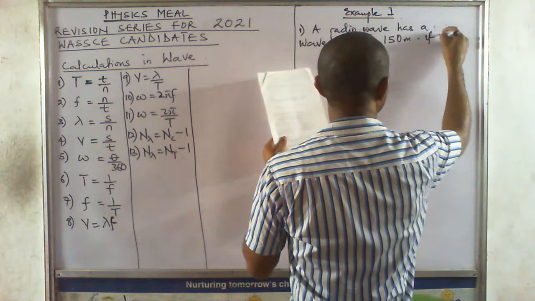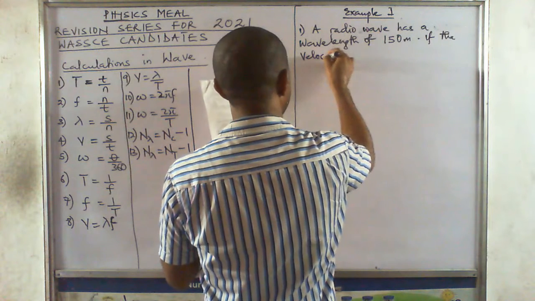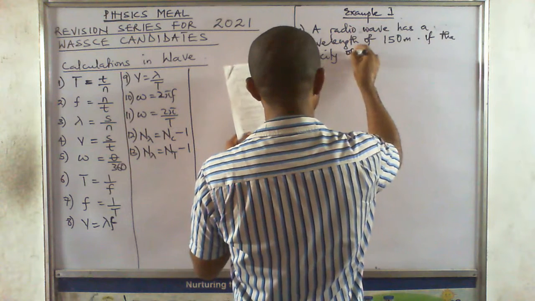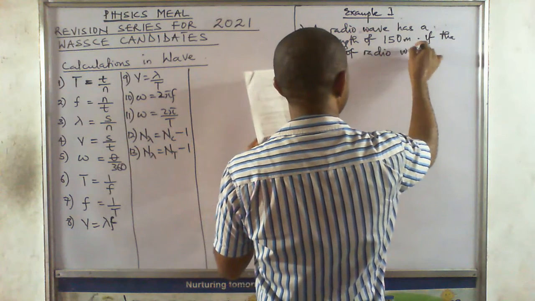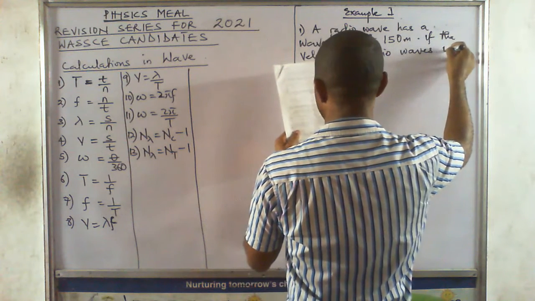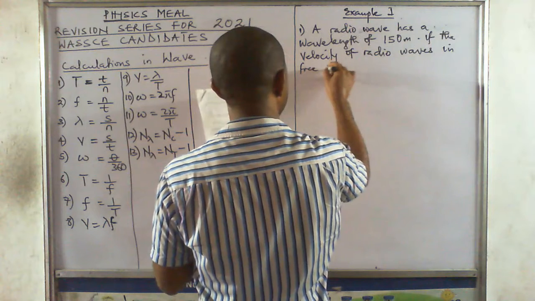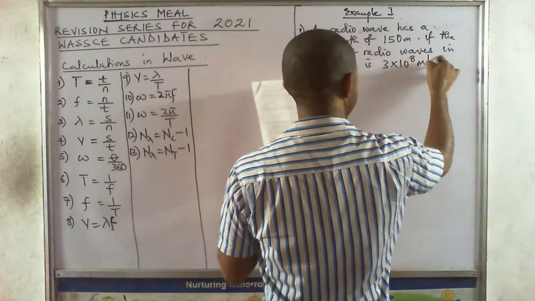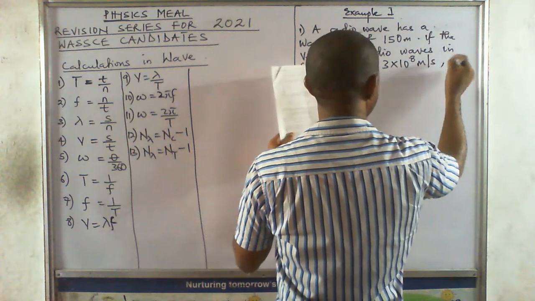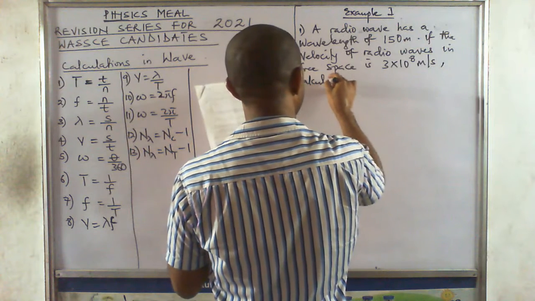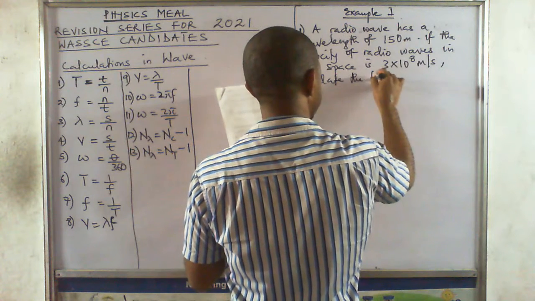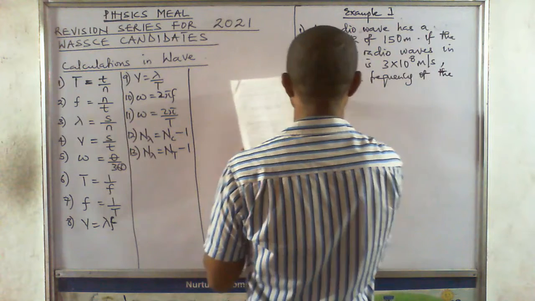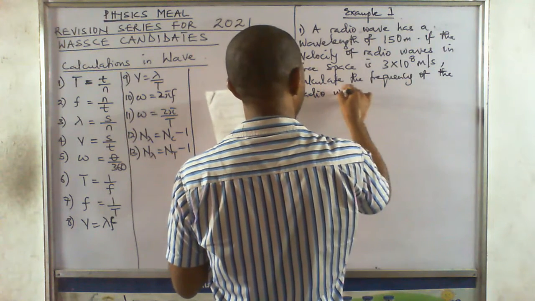If the velocity of radio wave in free space is 3 times 10 raised to the power 8 meters per second, calculate the frequency of the radio wave.